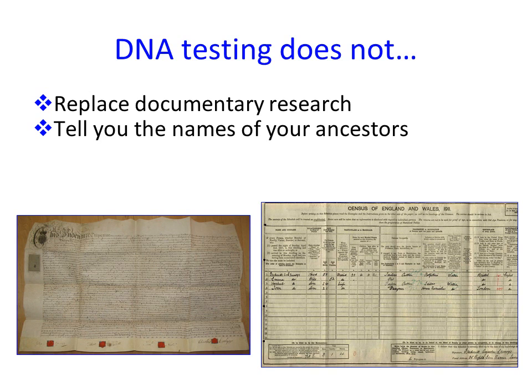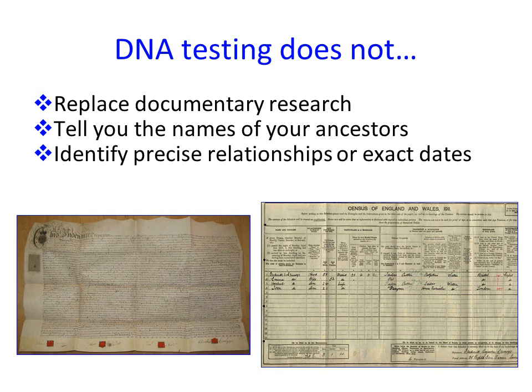And unlike the paper records, DNA does not give you the names of your ancestors, and it also does not identify precise relationships or give you exact dates. It's all worked out on probabilities. You'll be given a range of possible relationships or a range of dates, and then it's up to you to work with your matches, with the people that you match, and to compare family trees and try and work out how you're related to each other.